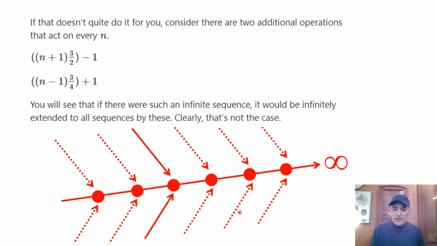These two operations exactly match what happens using the conventional Collatz function. They just are shortcuts. So n plus 1 multiplied by 1.5 minus 1 is a growth operation, produces a whole number, of course. n minus 1 multiplied by 0.75 plus 1 again produces a whole number, and it's a reducing operation. It reduces the size of the number.